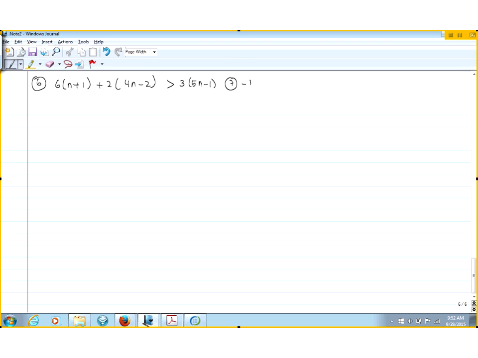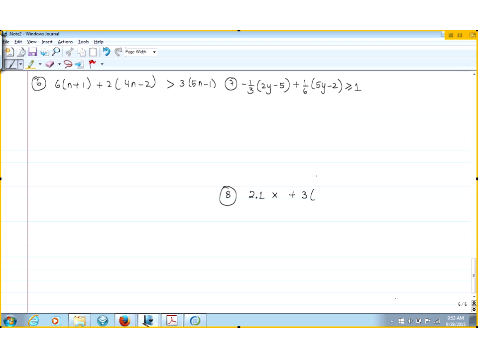And then number 7. -1/3 times 2y minus 5 plus 1/6 times 5y minus 2 is greater than or equal to 1. All right. And then number 8, let me just write it here, but most likely I will have to copy it.